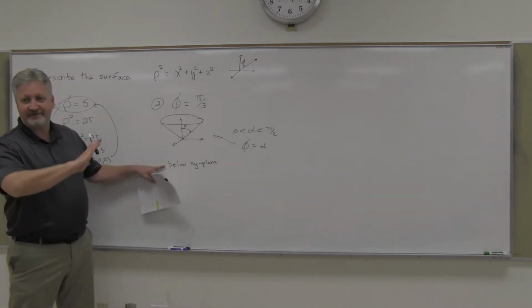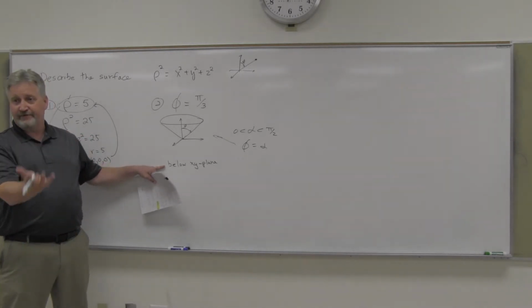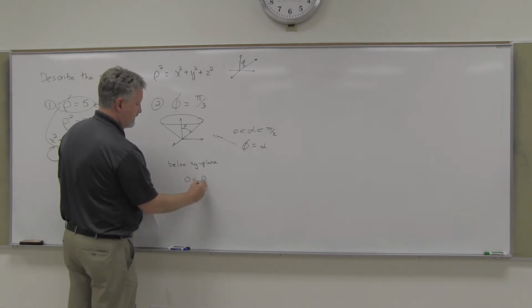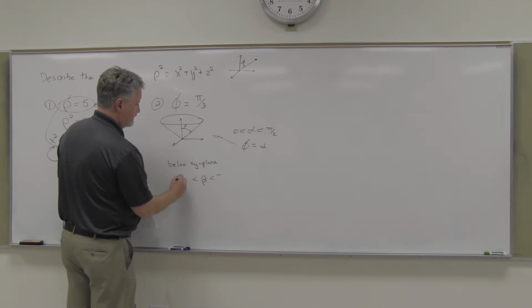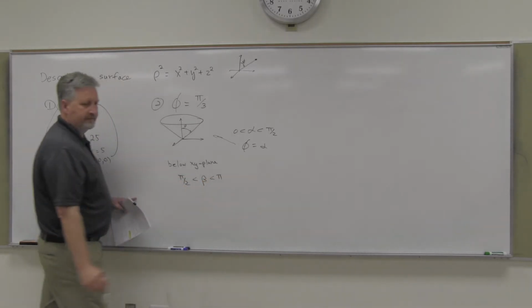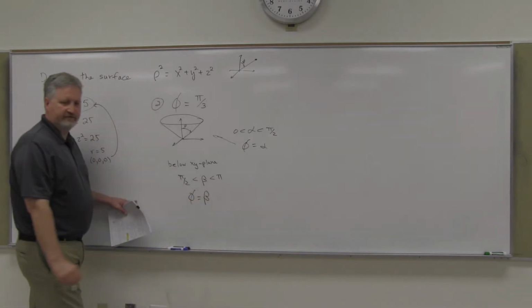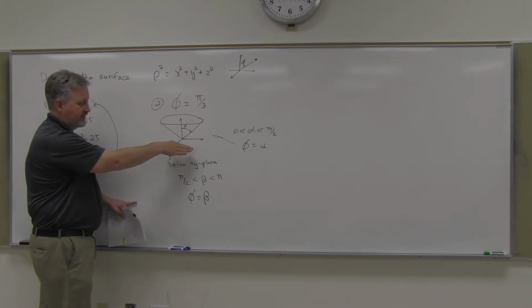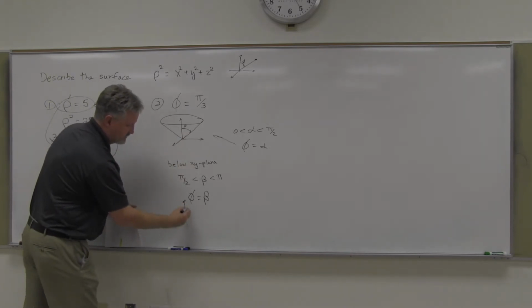To get it below the xy plane, I would make my phi somewhere between pi over 2 and pi. Call it beta. Then when I go phi equals beta, since I'm more than pi over 2 and less than pi, that's going to be down below the xy plane.